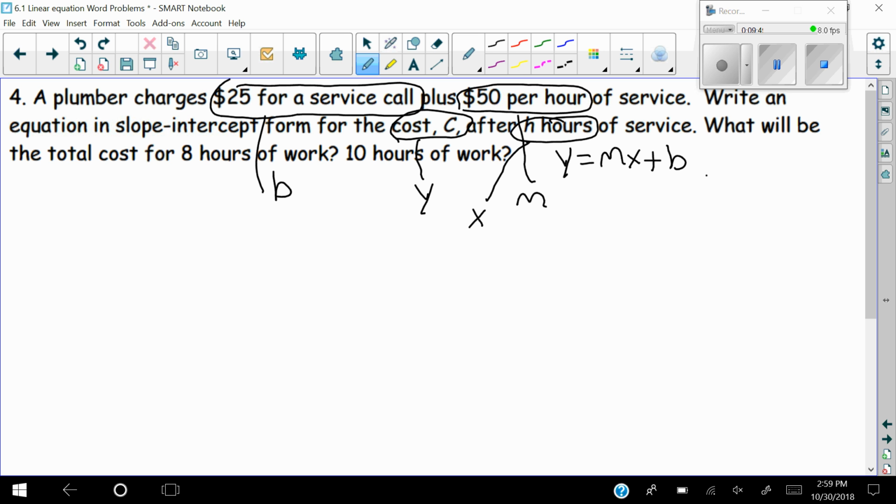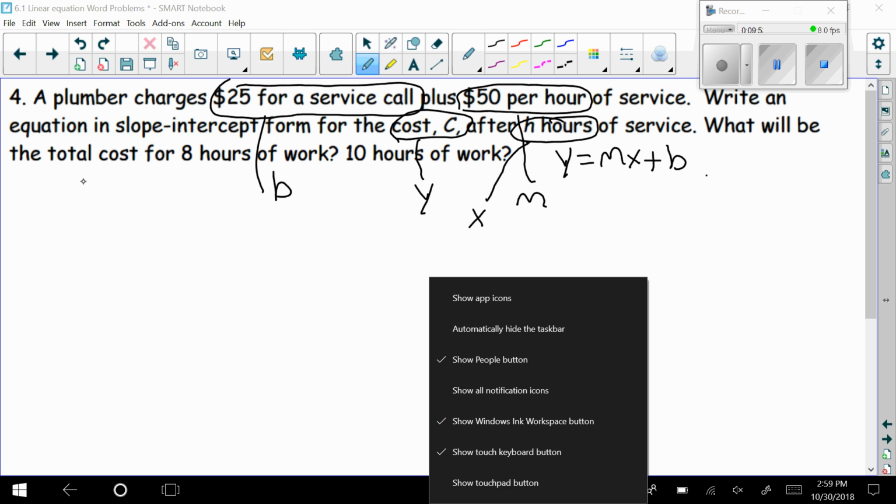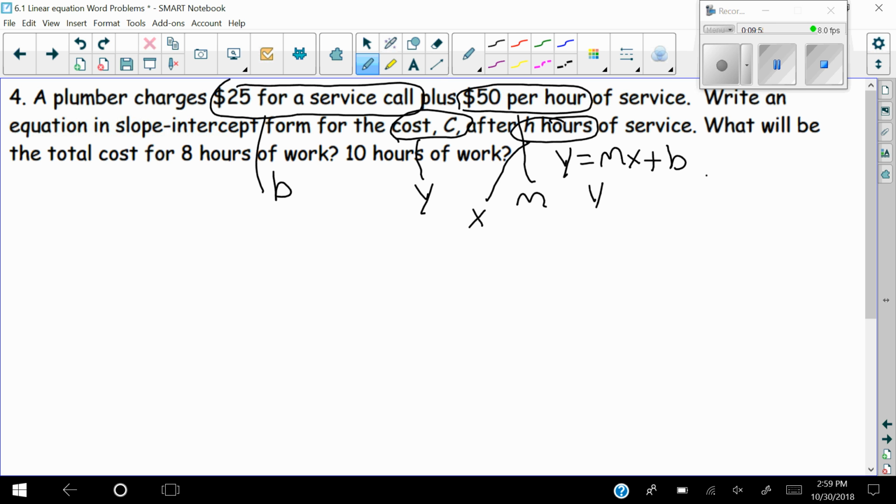All right, so over here, I'm going to go ahead and write the equation out. So for Y, I'm going to put C. For M, I'm going to put 50. For X, I'm going to put H. And for B, I'm going to put 25.